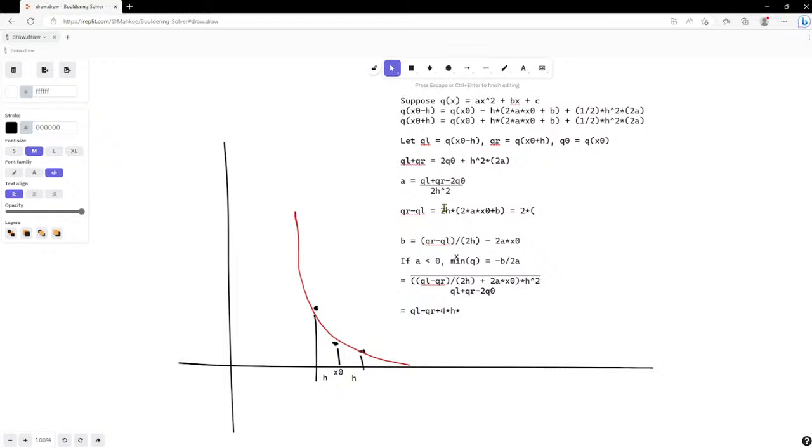I mean, we do also have Q0 at our disposal. So, actually, why would we bother to do that when we can just do QR minus Q0? That doesn't work either. Minus QL.